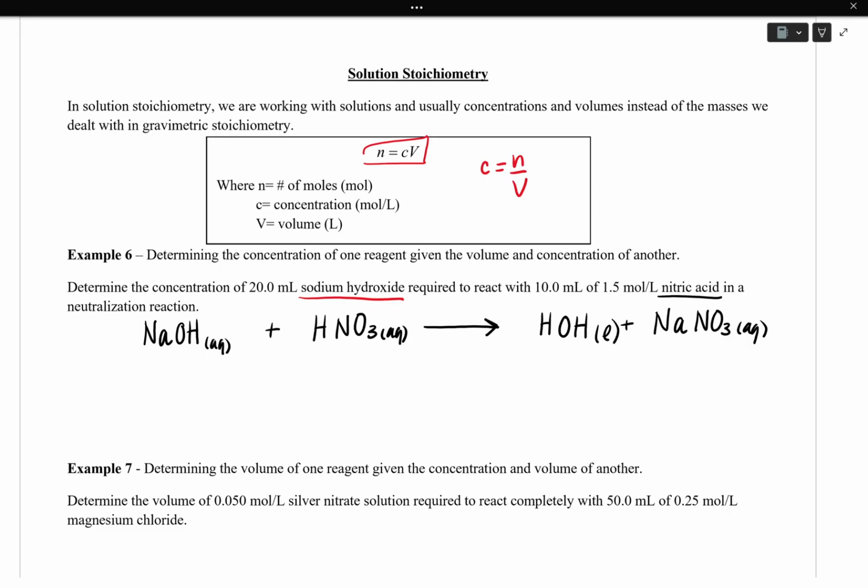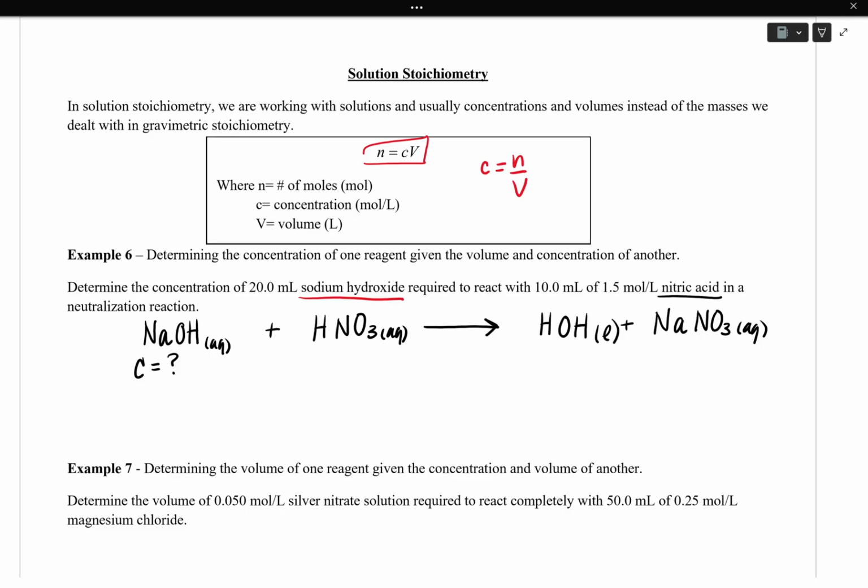So let's write down now what they gave us. They told us that we are determining the concentration of sodium hydroxide. So this is our question mark. What is the concentration of sodium hydroxide that is going to react with 10 mL of nitric acid that is 1.5 moles per liter.